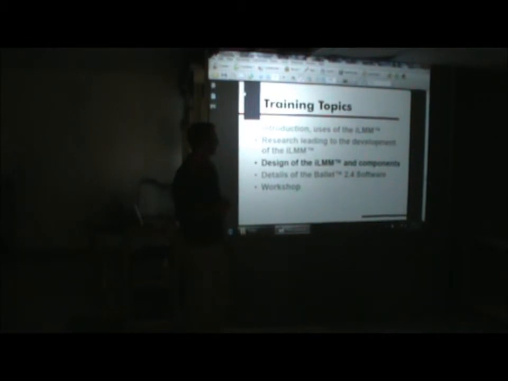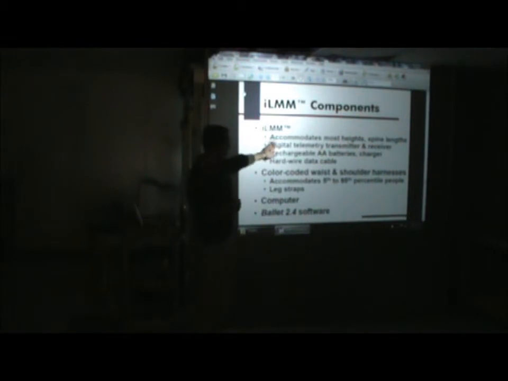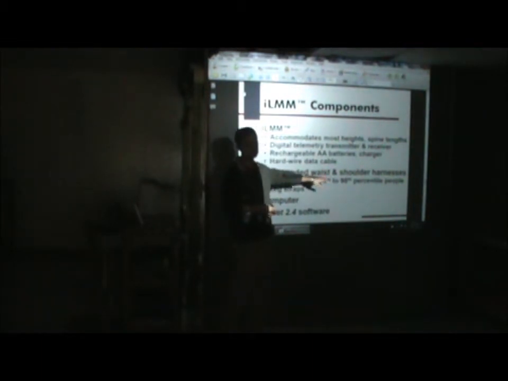Okay. So just getting into the design of this, again, the old ones, we had two different sizes, a large and a small, for different sizes of individuals. The new one, you don't have to worry about that. It accommodates basically 90% of the population, so between the 5th and the 95th percentiles.